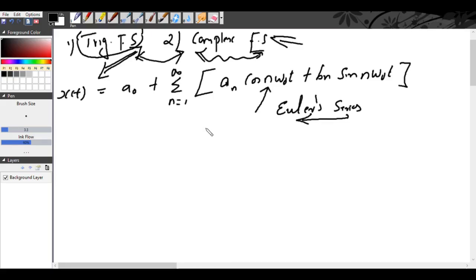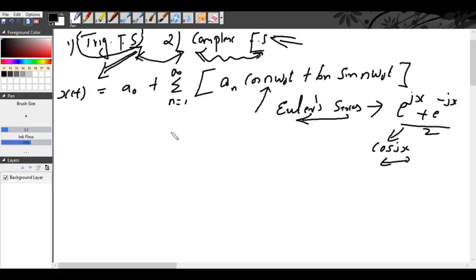Everyone knows the cosine and sine can be represented by using the Euler formula. The Euler formula is e power jx plus e power minus jx by 2, and this is for cos x. These things you might have studied in the lower class.